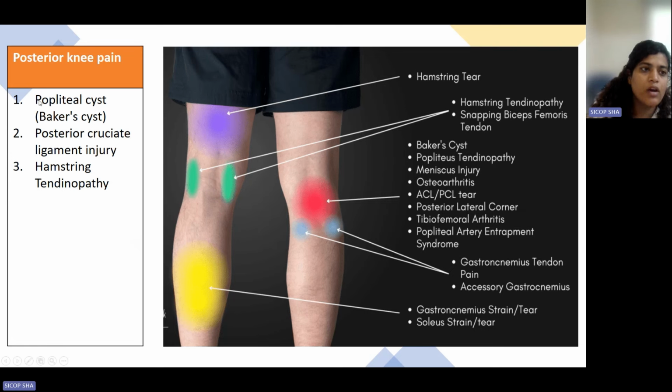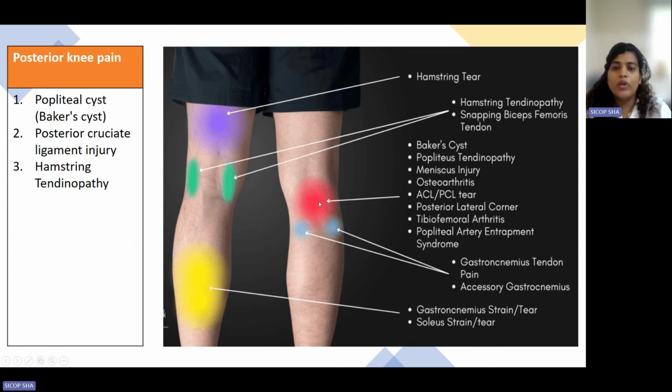Other than that, the most prominent are Baker's cyst, meniscal injury, and hamstring tendinopathy. Here you can see the hamstring tendinopathy and snapping biceps femoris tendon, which can be palpated over here. If the patient complains of pain at this site, we can suspect hamstring tendinopathy or snapping of the biceps femoris tendon.